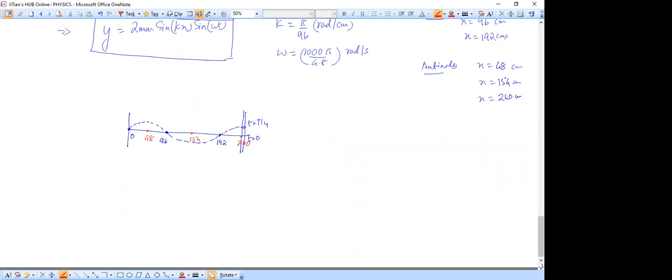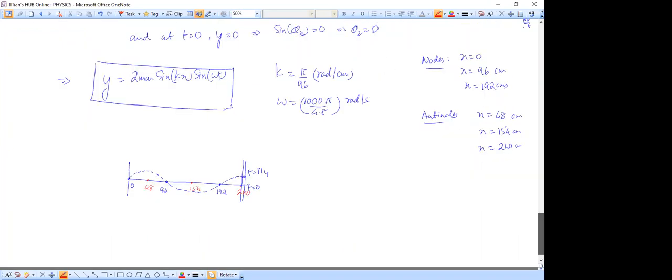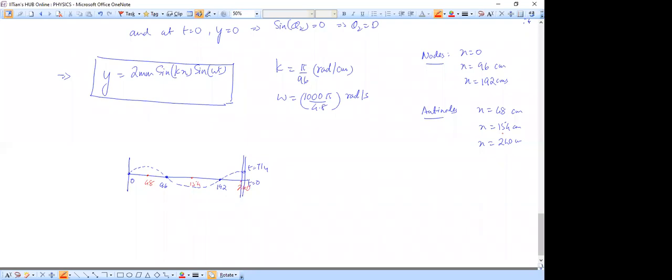No, there will be three nodes and three antinodes, no? Why will it be at 144, beta? It will be at 154, no? 96 plus 48 is 154. Oh, sorry, this is 144.